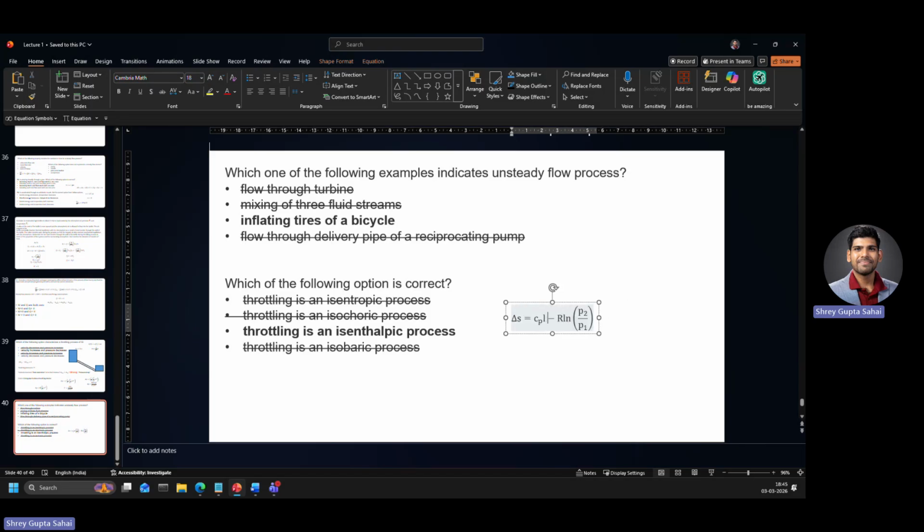So this thing gets cancelled. So you only have this. Now, because you know that P2 is less than P1, because I told you pressure drops, you see that this minus sign gets cancelled, because ln of something less than 1 has a negative value. So this minus and this minus get cancelled, and so you will have a positive delta S. So this is known.